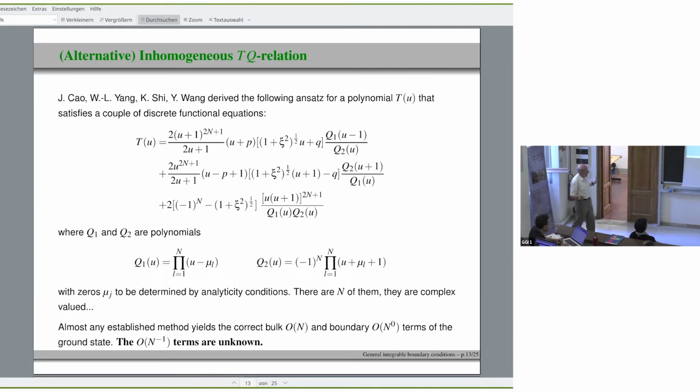I just want to say that this can be derived. And when you apply the standard methods of integrability, then the bulk term in the energy and the boundary terms can be calculated, but the order 1 over N terms are unknown. So this is the subject of interest that I have.